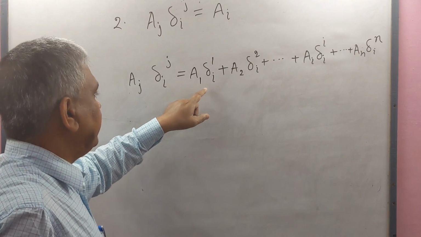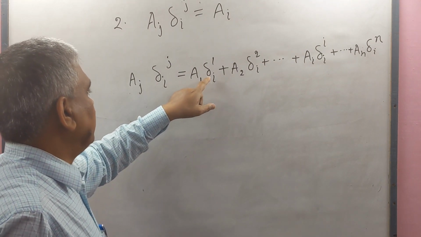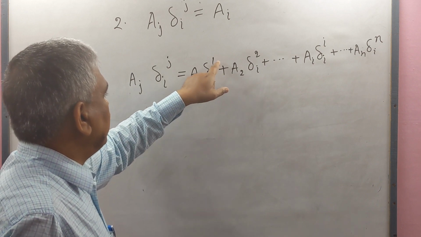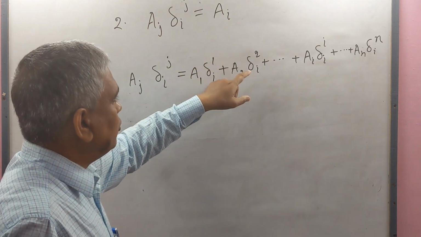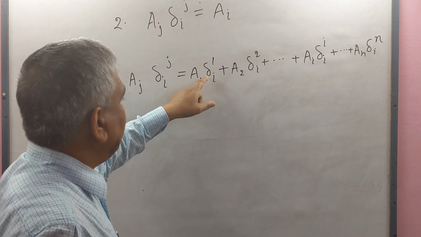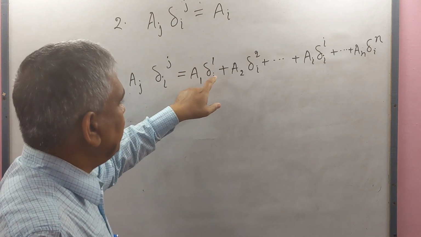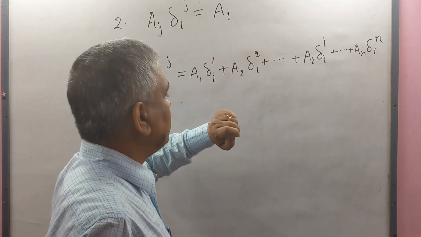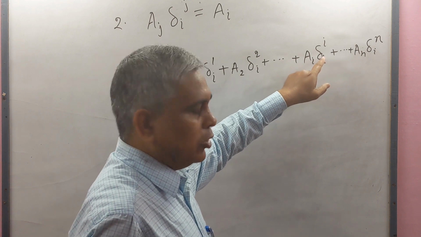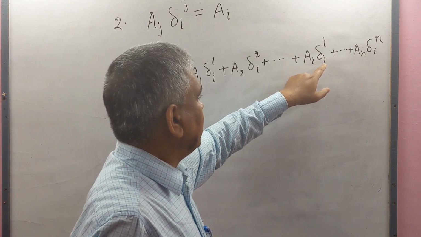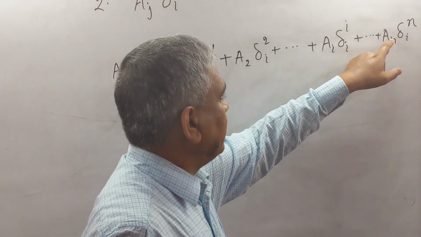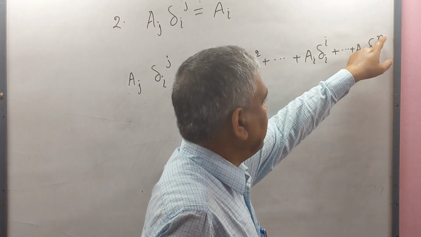Here on the right hand side, the value of i is not equal to 1 and not equal to 2. This gives delta i1 equal to 0. Similarly, delta i2 equals 0. In the ith term, we get delta ii, which is 1, and delta in equals 0.